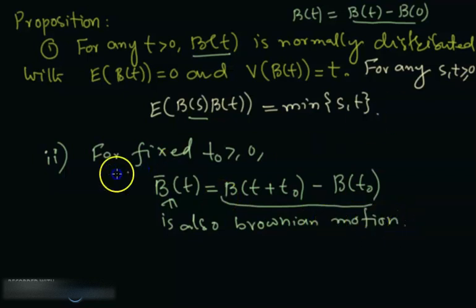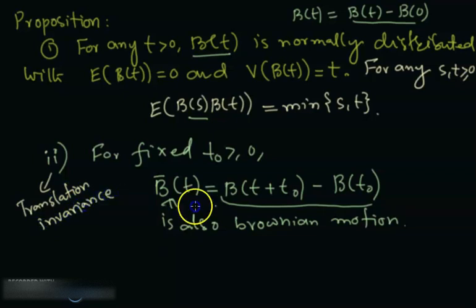And this second property is called translation invariance. What does that mean? That means that if you have a Brownian motion and you are translating it, when you are translating it, it doesn't lose the originality of being Brownian motion.